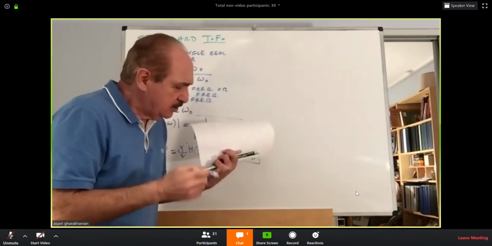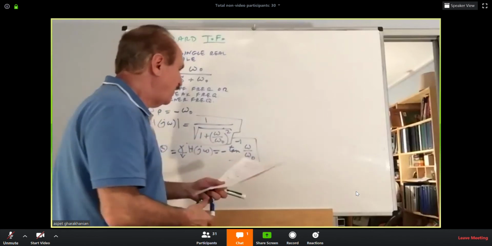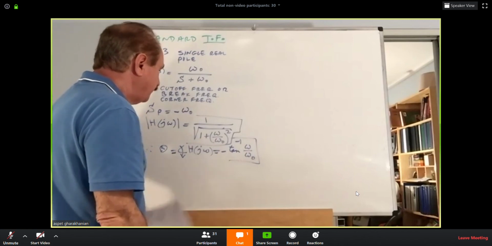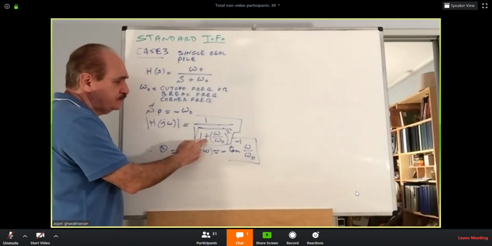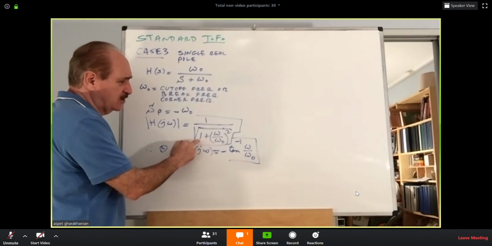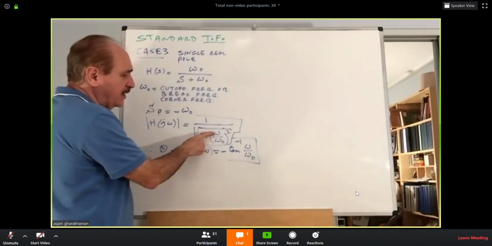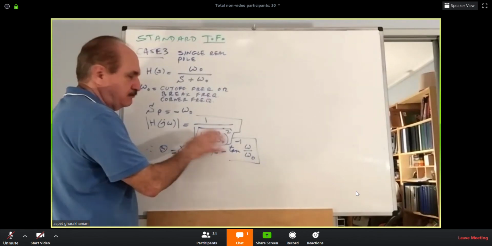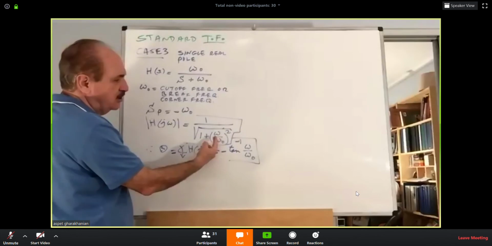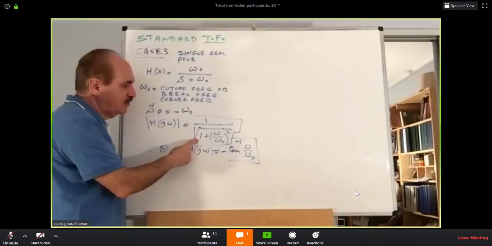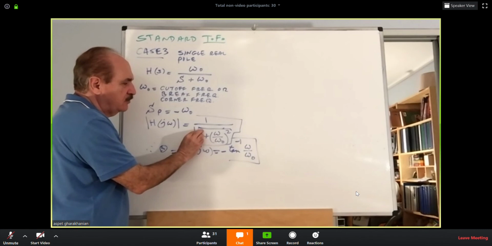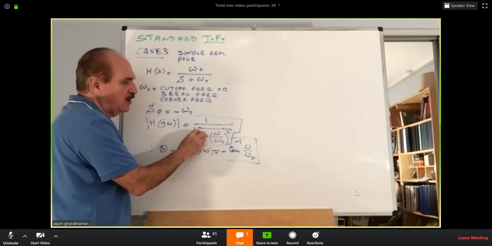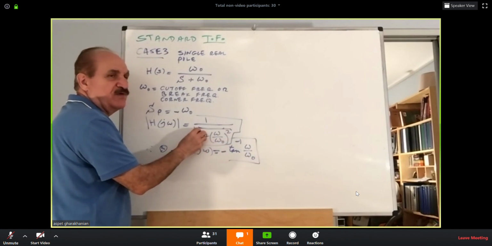How do we sketch these functions? Okay, here is how to do that. If you look at the top one, the magnitude function, whenever omega is much, much higher than omega O, generally the squared term is going to dominate over the 1. So if you delete this 1, when omega is much, much greater than omega O, under the radical becomes a perfect square.